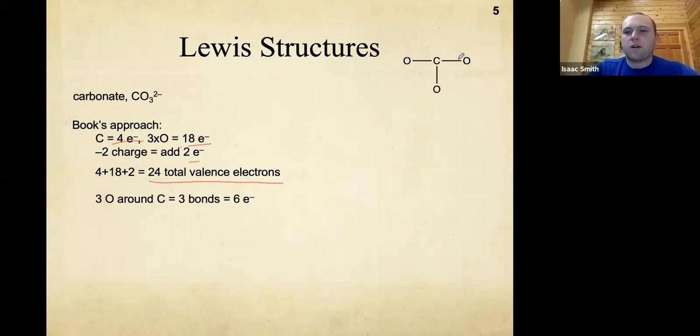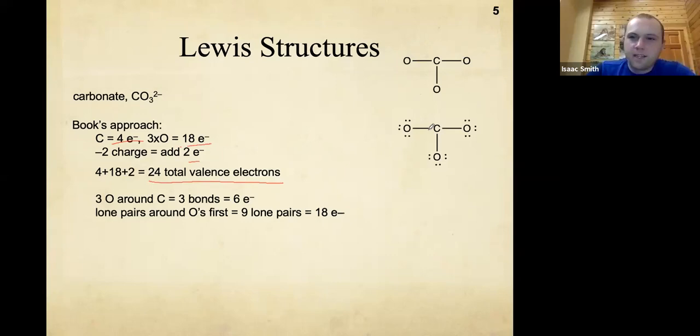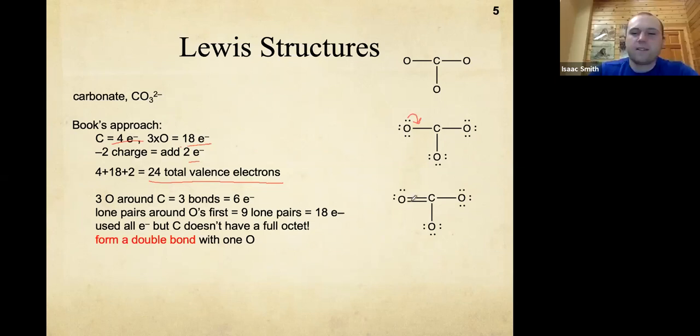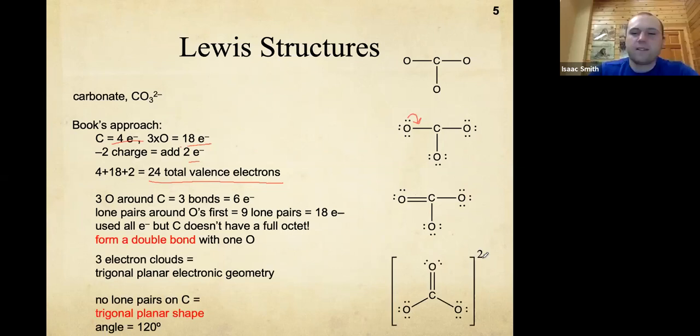Then you start filling it all around the most electronegative atoms. And at this point, we've used all 24 electrons, but carbon doesn't have a full octet, so we need to share electrons, right? So we share electrons and create a double bond between the carbon and the oxygen. I'm pretty much done. The easiest thing to do is just cover it in brackets and put the overall charge outside.